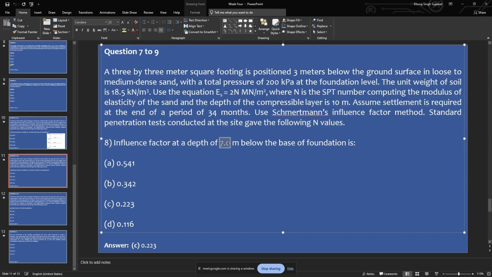Okay. So let's say if I calculate at 4.0 meter, and then we'll see how much it comes to. At 4 meter, you are asking? Yeah.